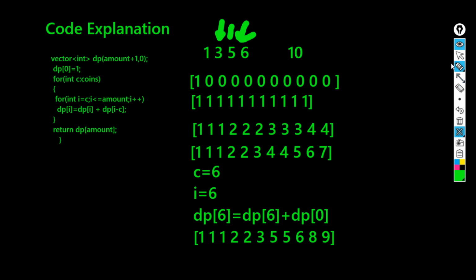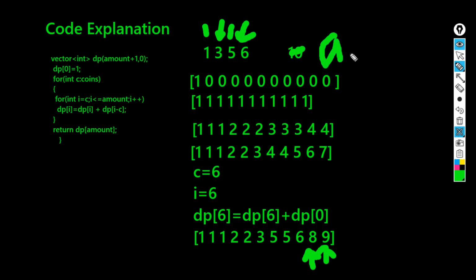Now if we want to find the solution for the target value 10, we will simply return this. What does 9 represent? 9 represents the number of combinations which can be formed using 1, 3 and 5. What is this 8 for? 8 is the answer for the target value 9.